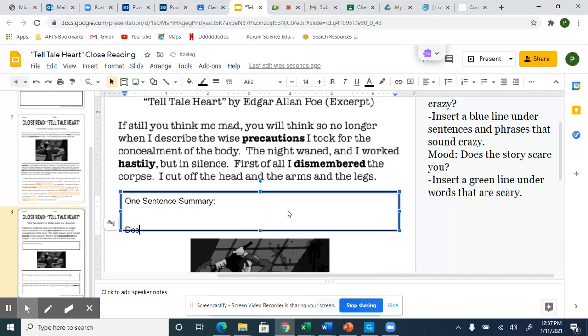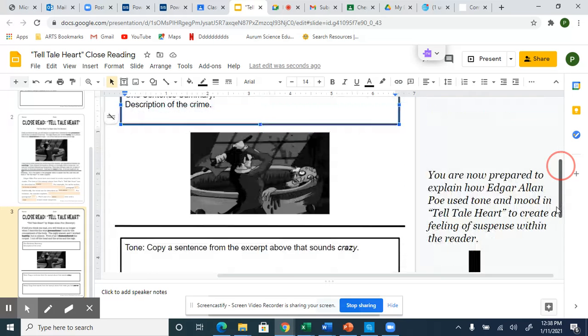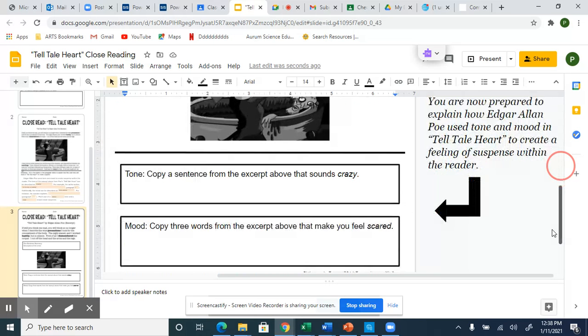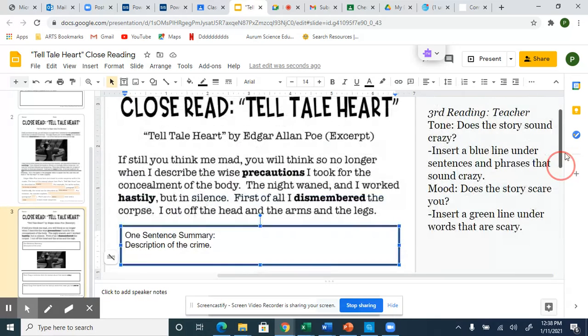This description of the crime. All right.